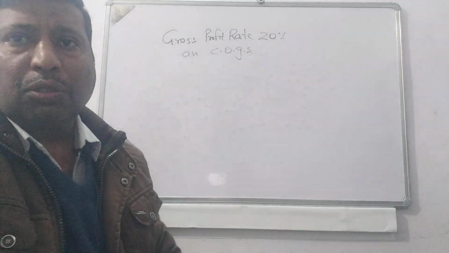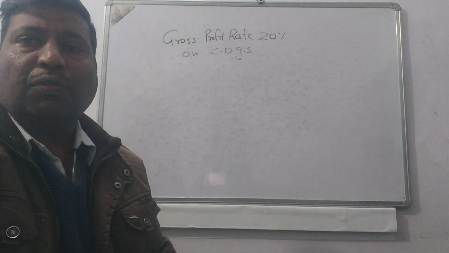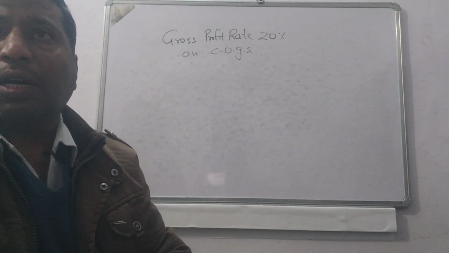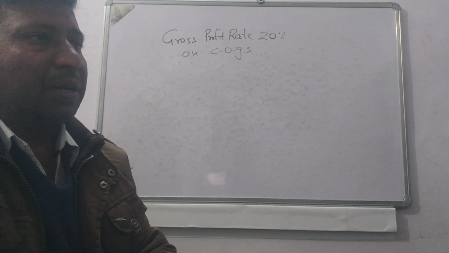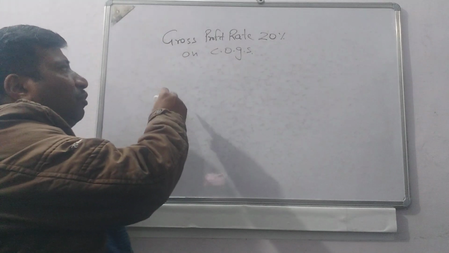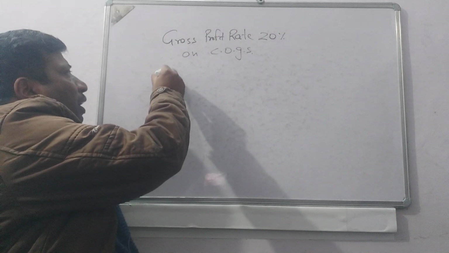You know COGS? COGS means cost of goods sold. जो सामान हमारे यहाँ से बेचा जा रहा है उस सामान पर, बेचे जाने वाले सामान पर लगने वाली कॉस्टिंग, COGS.